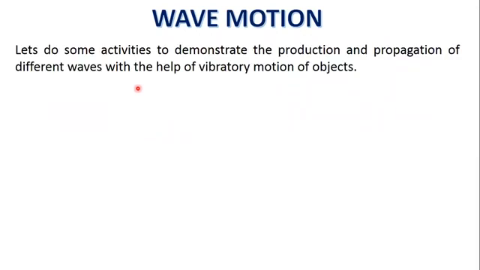Let's do some activity to demonstrate the production and propagation of different waves with the help of vibratory motion of the objects. Activity number 1. Waves produced by dipping a pencil in a water tub.